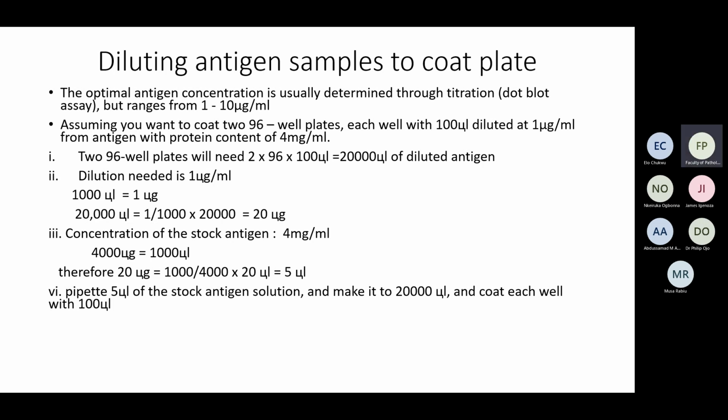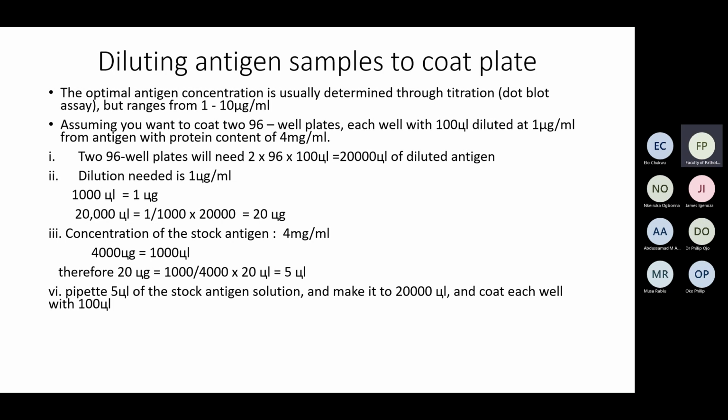So, for instance, you get your fluke and you have prepared your antigen, either somatic antigen or excretory-secretory antigen, and you want to coat your ELISA plate. You are going to dilute it to anything between 1 to 10 micrograms per mil. But normally you have to titrate the antigen or the serum to know the optimal concentration. But it ranges from 1 to 10 micrograms per mil.